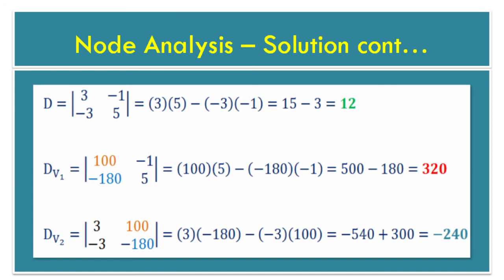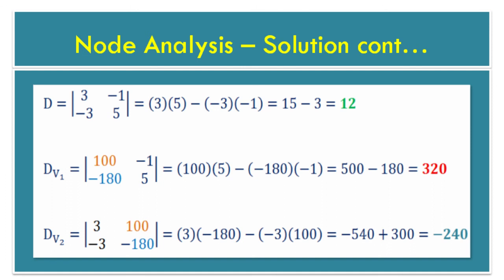Now after solving determinant D, we get a value of D as 12, where determinant dV1 is constructed by replacing coefficients of voltage V1 as 3 and minus 3 in determinant D by its constant values as 100 and minus 180 respectively. Now solving determinant dV1, we get a value of 320.